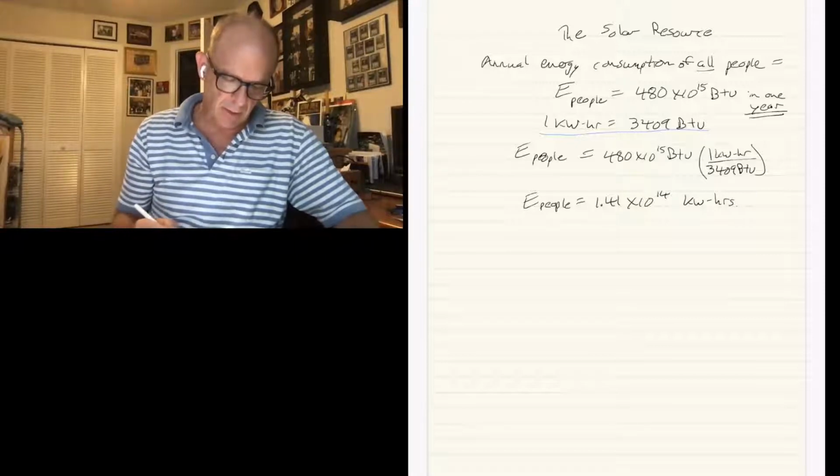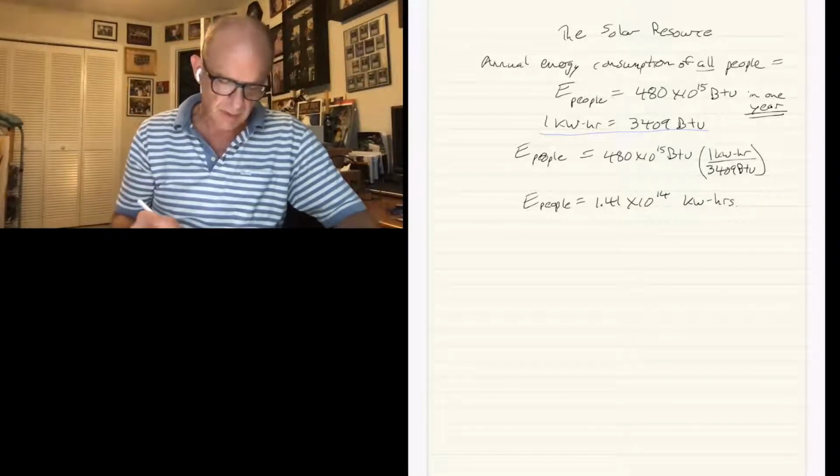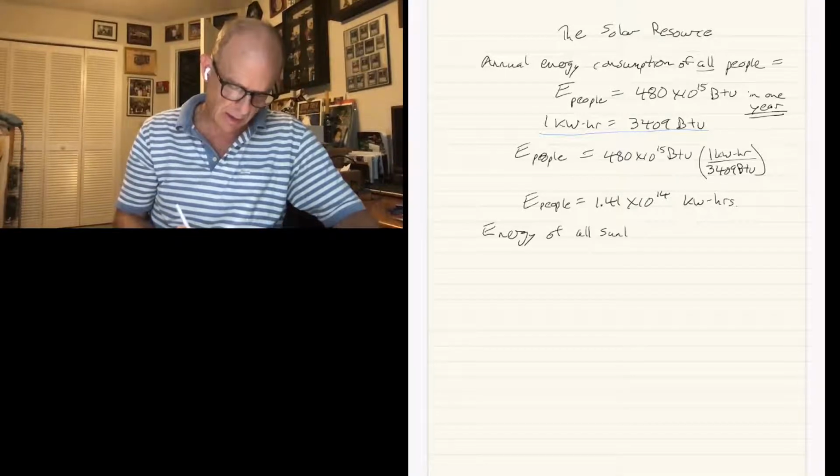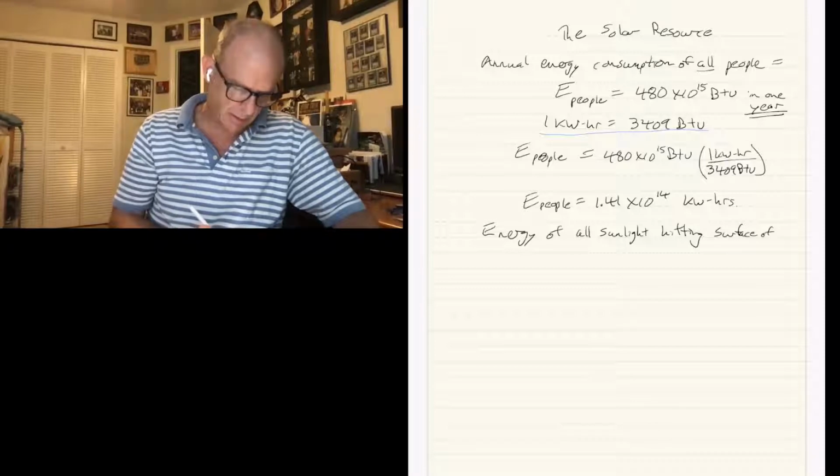The amount of energy used by people in a year. And now let's compare it to the energy of all sunlight hitting the surface of the Earth in 1 year.